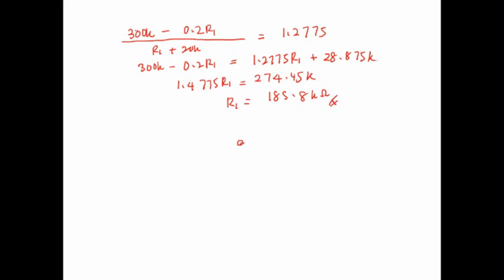So you got all the values. Your design will be something like this. The R1, and you have R2 to ground here. R1 is 185.8 kilo ohm. R2 is fixed at 20 kilo ohm, and then you have the BJT here.